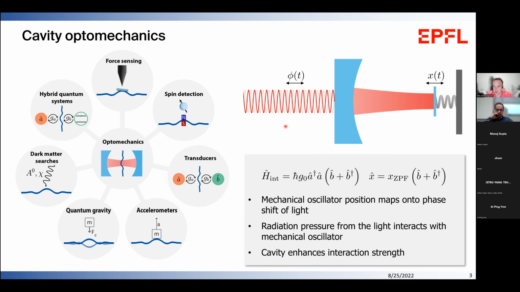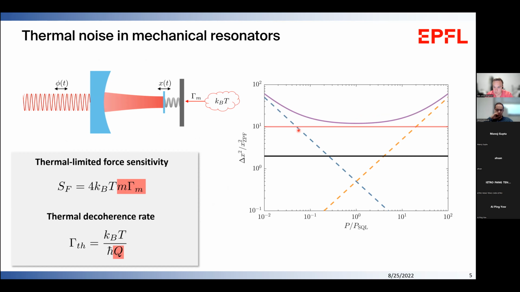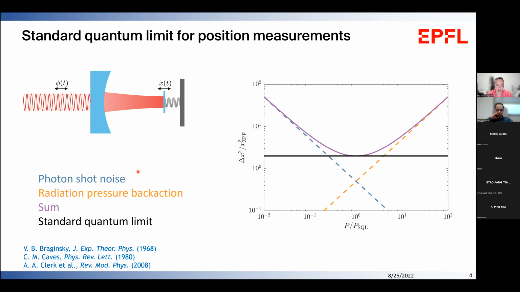The radiation pressure from the light then pushes back on the mechanical resonator and can be used to manipulate and control the quantum state of this mechanical resonator. The cavity enhances the interaction strength. So where does the Q of the mechanical resonator come in? We will see this very soon.